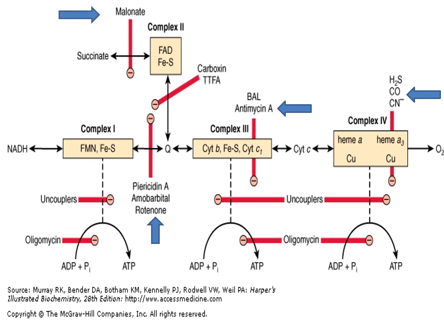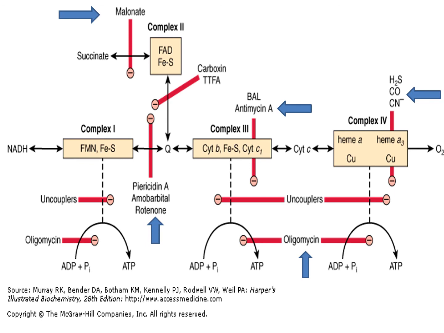Malonate is a competitive inhibitor of complex 2. The antibiotic oligomycin completely blocks oxidation and phosphorylation by blocking the flow of protons through ATP synthase, and this is considered an inhibitor of oxidative phosphorylation. The uncouplers are substances that allow oxidation to proceed but prevent phosphorylation.